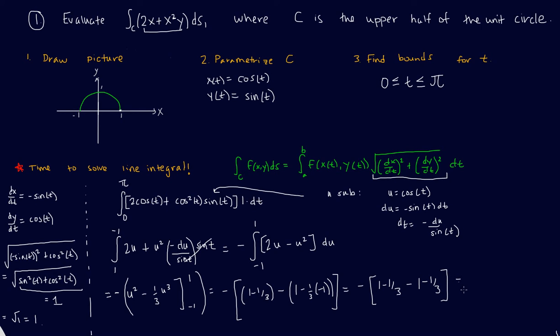Which equals negative 2/3, which equals 2/3. So you should check your work in these steps just to make sure you're doing your basic algebra right, because it wouldn't be very fun if you got the wrong answer because of a silly algebra mistake. So here's the answer to our first line integral example problem.